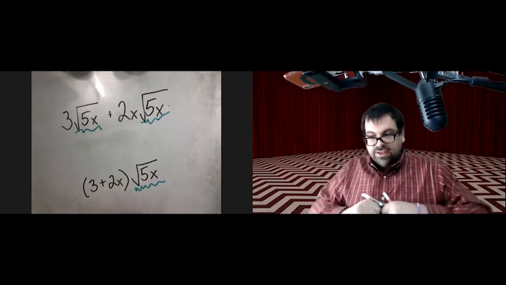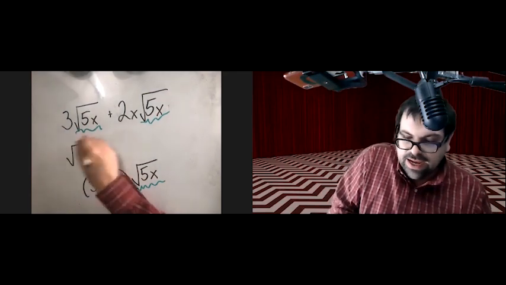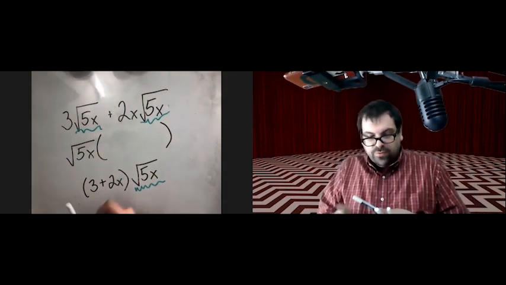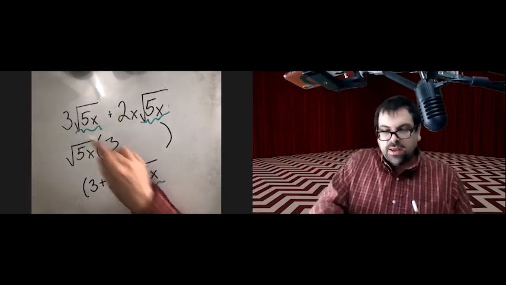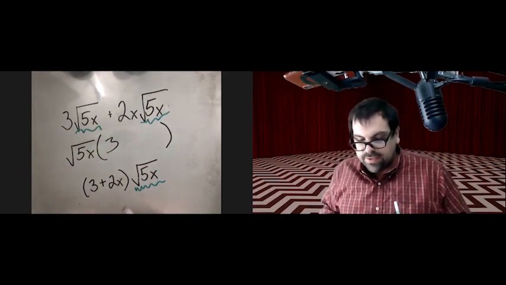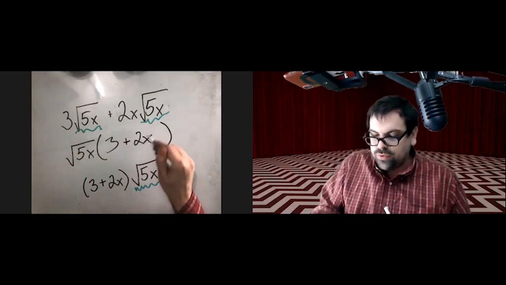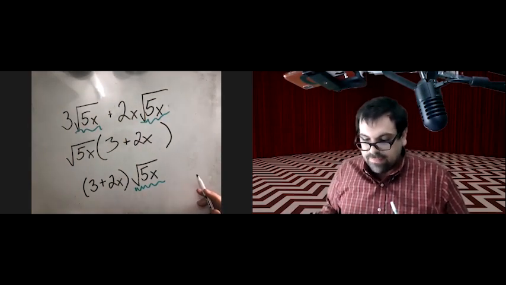Or if it helps you think of it off to the left, if this is too weird for you, then we're factoring out the radical 5x. What are we left with? 5x times 3 is 3 radical 5x. 5x times positive 2x is positive 2x times radical 5x.